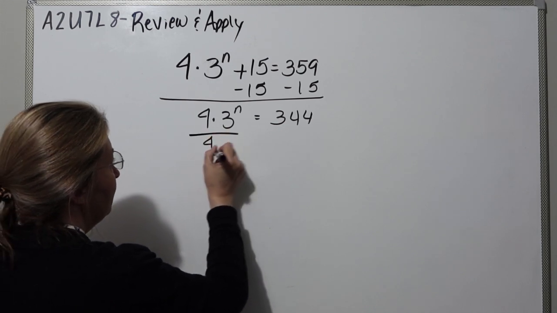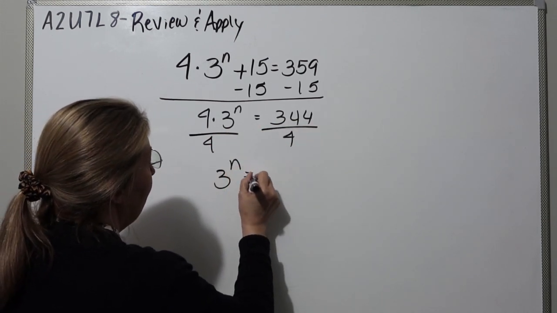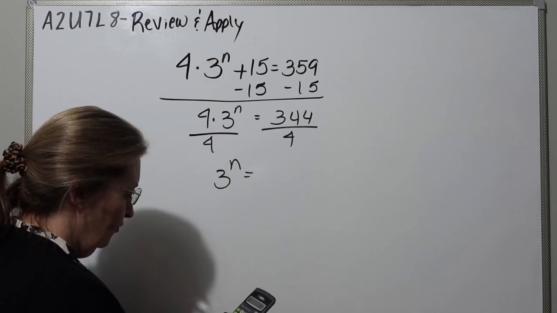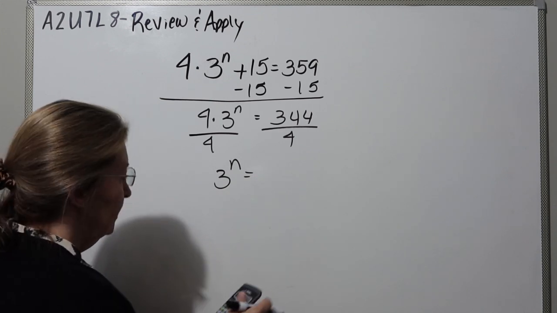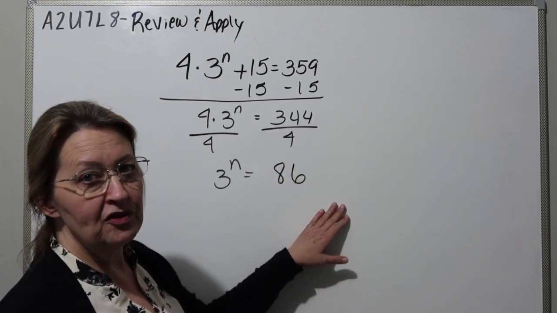Next, I'm going to divide both sides by 4. So I get 3 to the nth power is equal to, I'm going to calculate that one, 344 divided by 4 is 86.